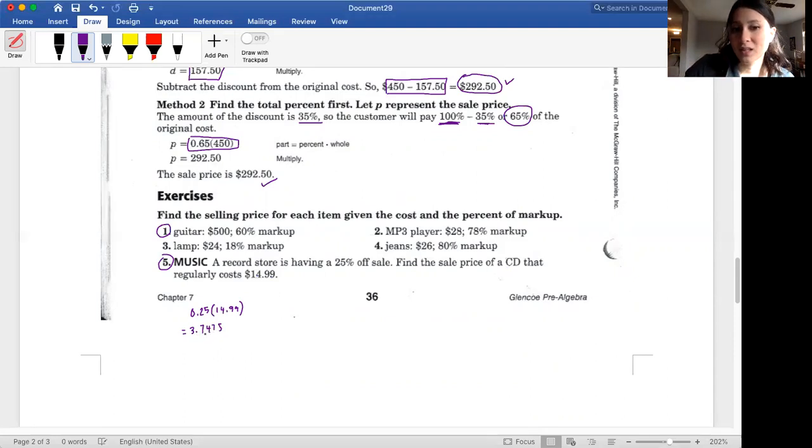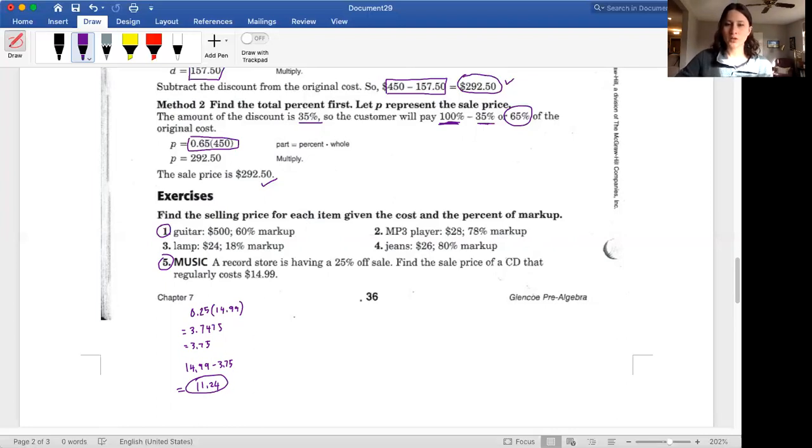So this rounds up to 3.75. And we're going to subtract that from the original amount. So $14.99 minus 3.75. And that's $11.24. So you're paying $11.24 for the CD after it's been on sale and they've taken that amount off.